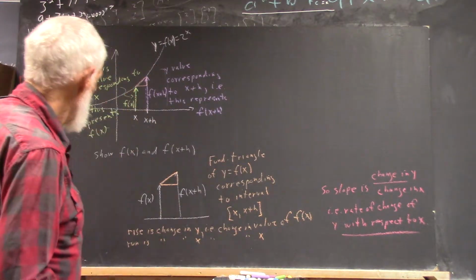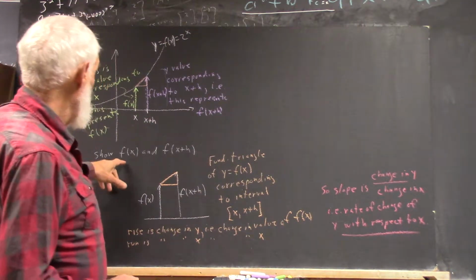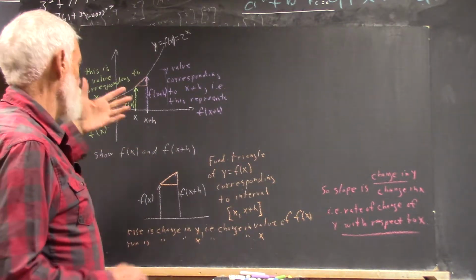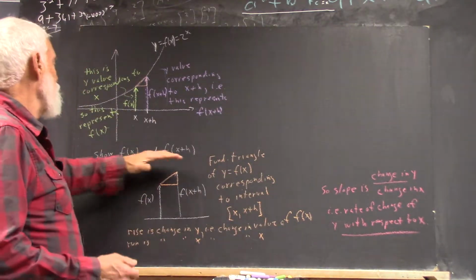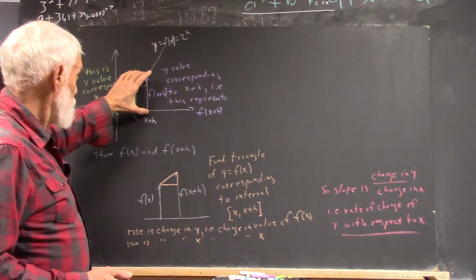Yeah, those should be clear, and of course you go back to the full video. Okay, so we want to show f of x, and well, the task was show f of x and x plus h, f of x plus h, which we've done here.